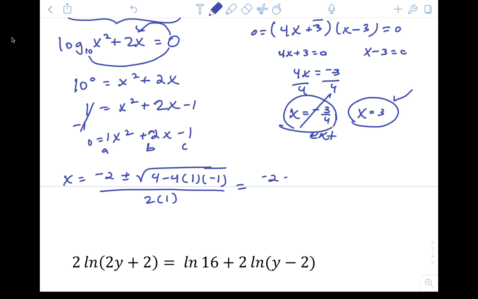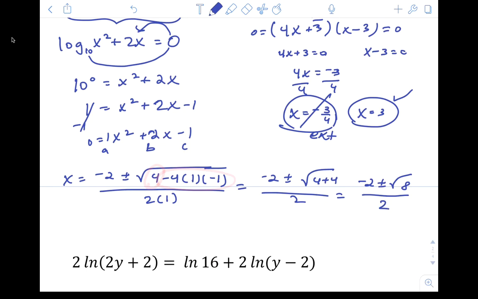So we've got negative 2 plus or minus the square root of 4 plus 4. This right here is a negative 4 times 1, which is negative 4, times negative 1, which is positive 4. So you end up having 4 plus 4, which is 8, over 2. So you've got negative 2 plus or minus the square root of 8, over 2.